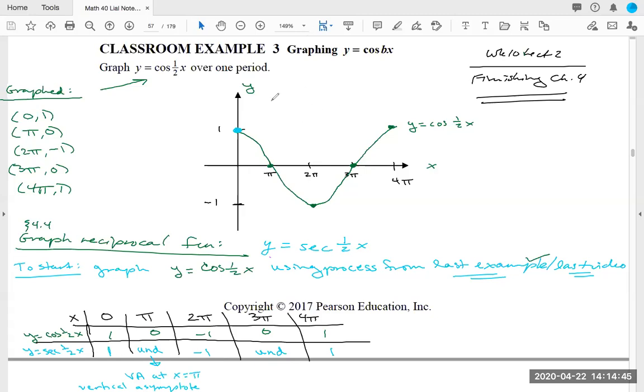So I'm going to have a vertical dotted line right here.